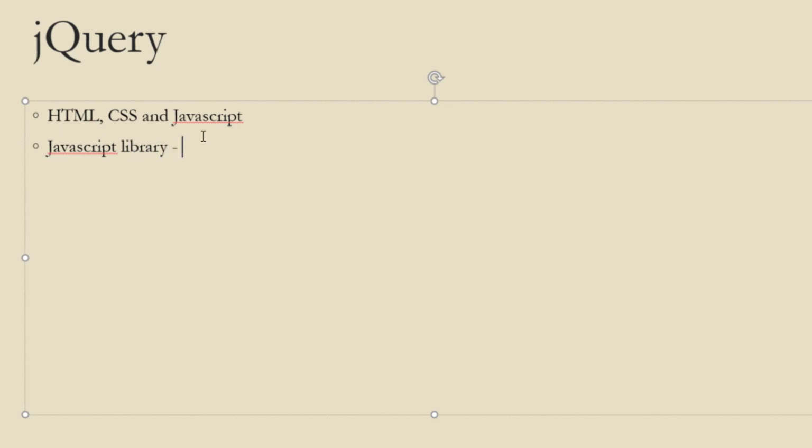So it's a JavaScript library. So that pretty much defines its purpose. It is basically making your life easier for communication while still using JavaScript. So JavaScript cannot automatically do a lot of things that jQuery can do in a very short amount of time.